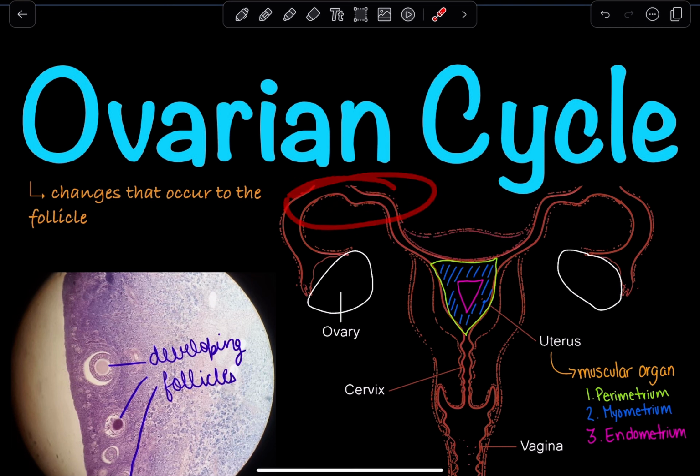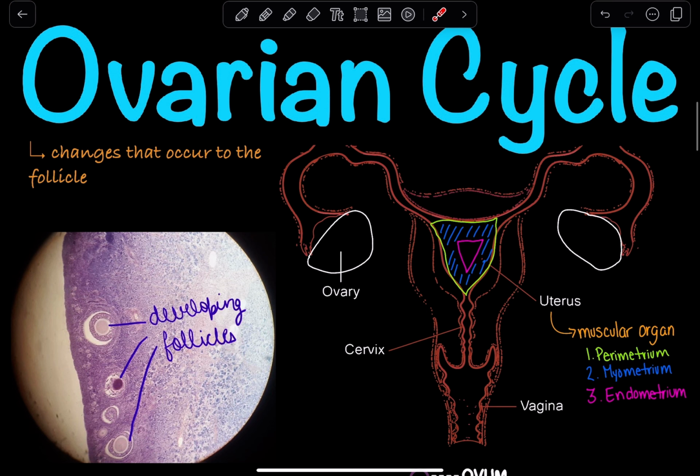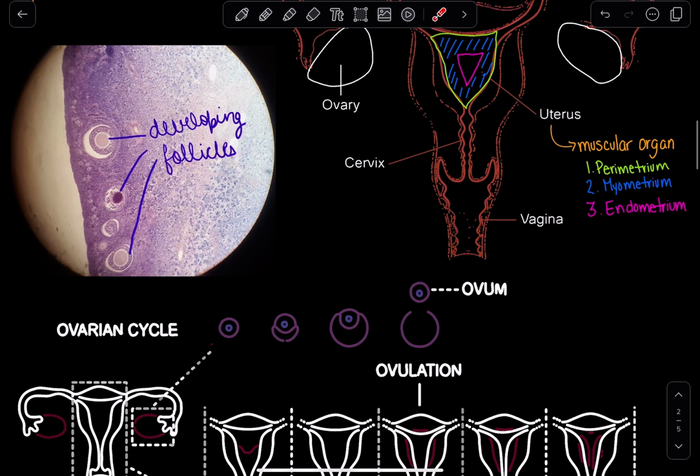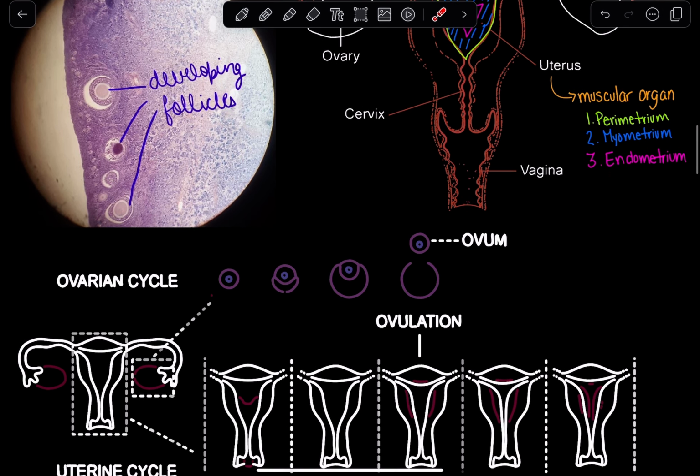If fertilization does occur, the zygote will cleave and divide and eventually become a blastocyst, and the blastocyst will go and implant onto the endometrium. The syncytiotrophoblast cells of that blastocyst, once it's implanted in the endometrium, will secrete a hormone known as human chorionic gonadotropin hormone, and human chorionic gonadotropin hormone will go on to maintain that corpus luteum.